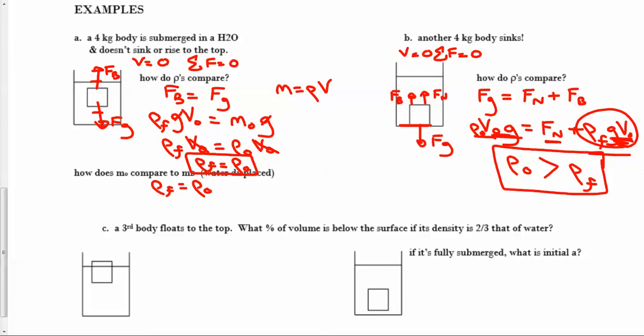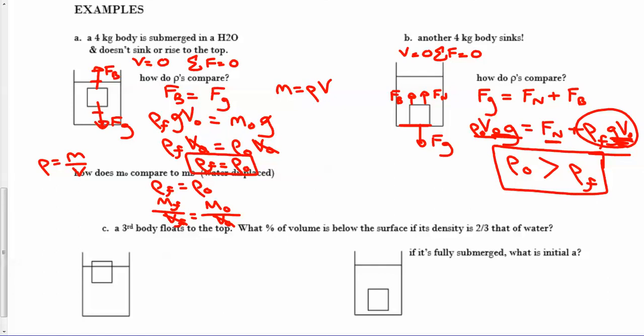And since density equals m over v, this is the mass of the fluid displaced divided by the volume of the fluid displaced, which is equal to the mass of the object divided by the volume of the object. Since the weight of the fluid displaced has got to be equal to the buoyant force, we can also conclude that the volume of the fluid displaced has got to be equal to the volume of the object itself, if it's fully submerged.